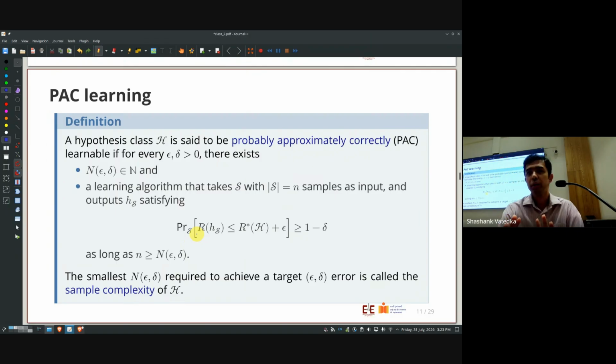So that's something to be kept in mind. There's no randomness involved anymore. So this is a deterministic quantity that depends on P_xy, your learning algorithm, and H. So we want this probability to be greater than or equal to 1 minus delta for all P_xy.